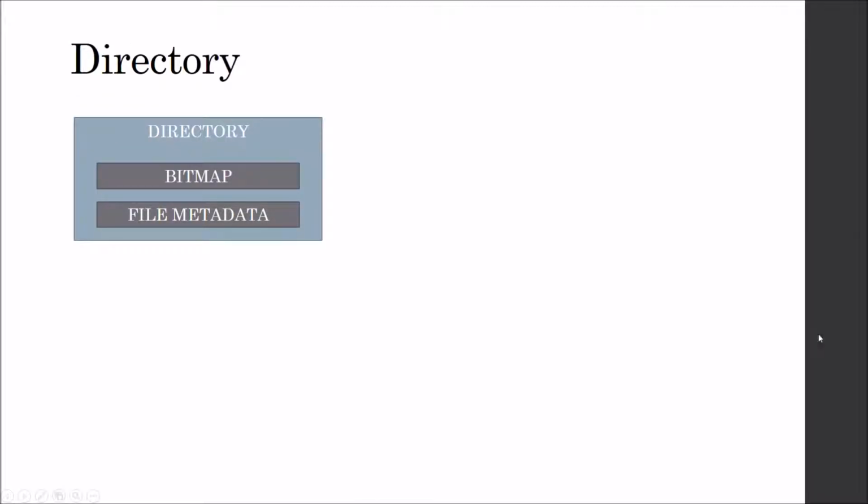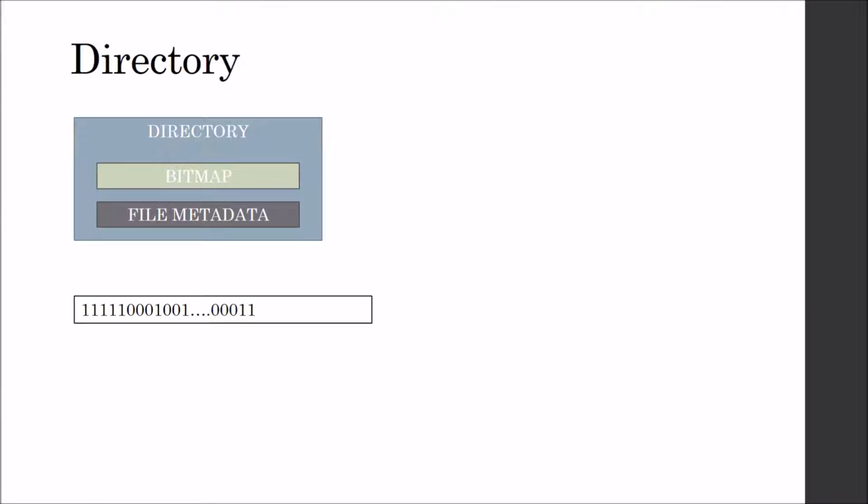The directory I implemented as an actual C language structure. The bitmap is represented by an array of characters, which are zeros and ones, and the program can easily look through those to see if a block has been allocated or is free. On top of it, we have the file metadata.